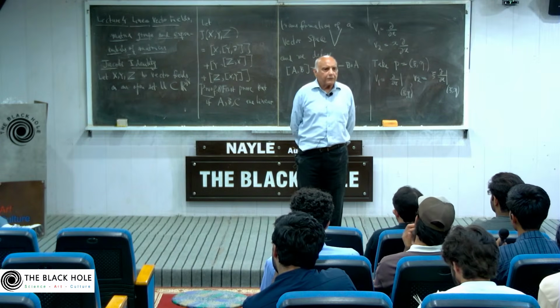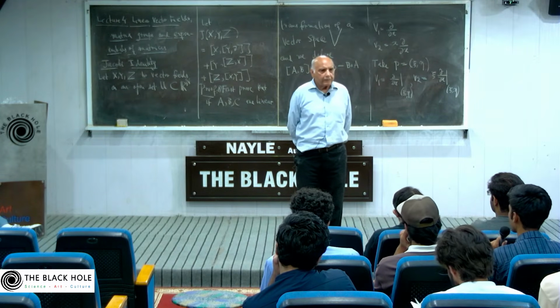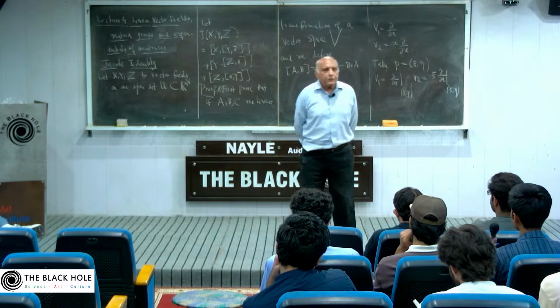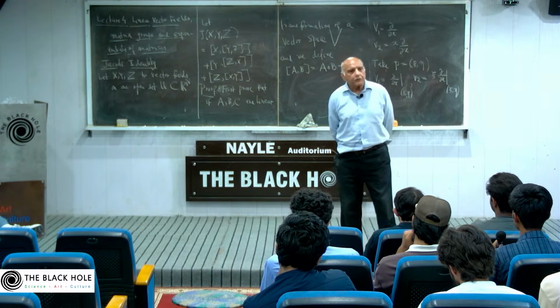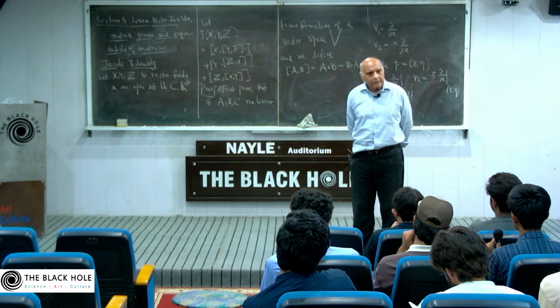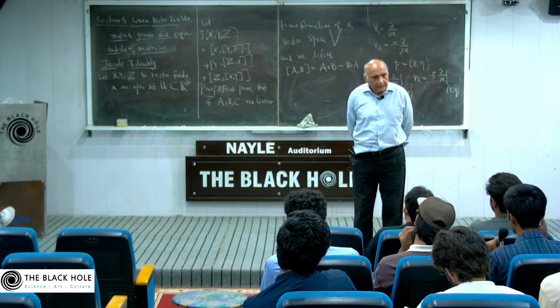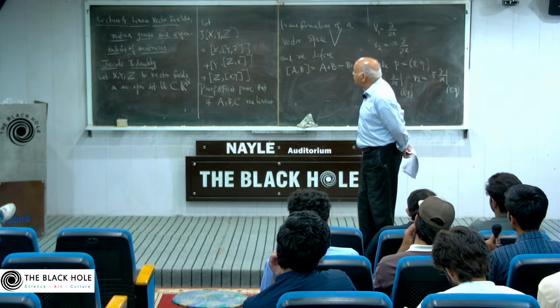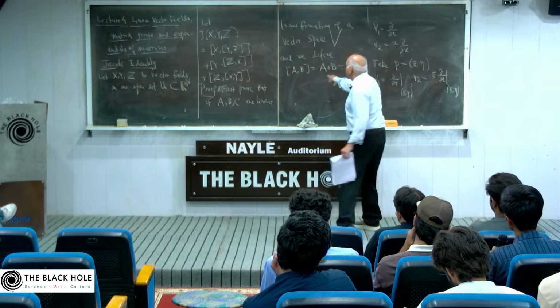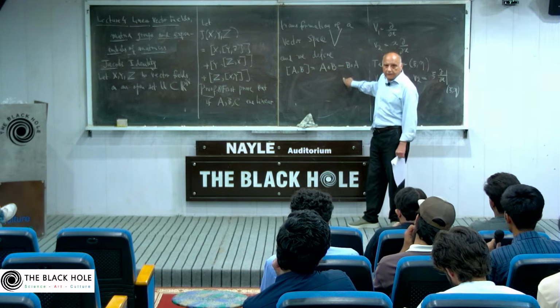And T of V1 plus V2 is equal to TV1 plus TV2. Now, when you compute, you will find out that the composition of two linear transformations is again a linear transformation. And therefore, this difference will also be a linear transformation.